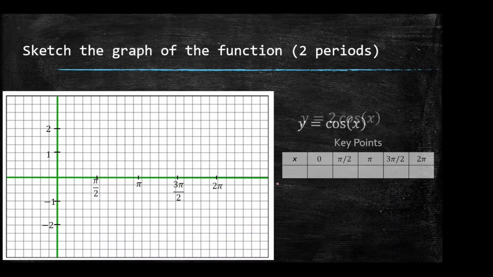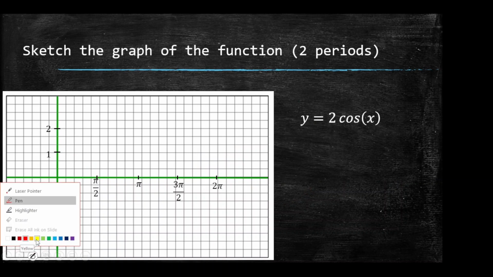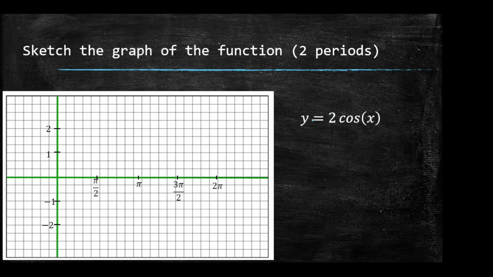Let's put some transformations in here. The first thing I'm going to add is an amplitude change. I didn't give myself a handy table this time, so this will be interesting. Let's try this. Maybe we can see these both ways here. So here I have y equals 2 cosine x.